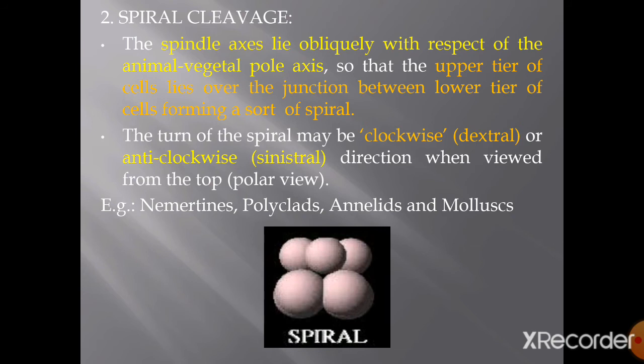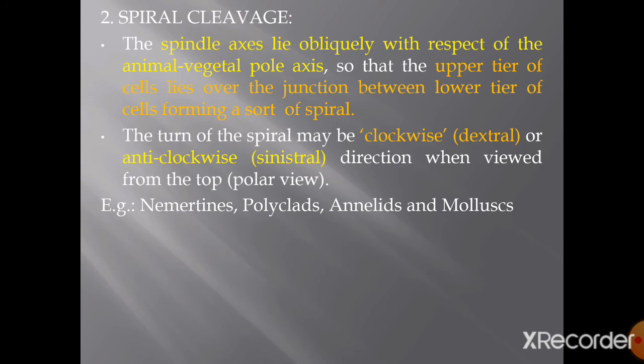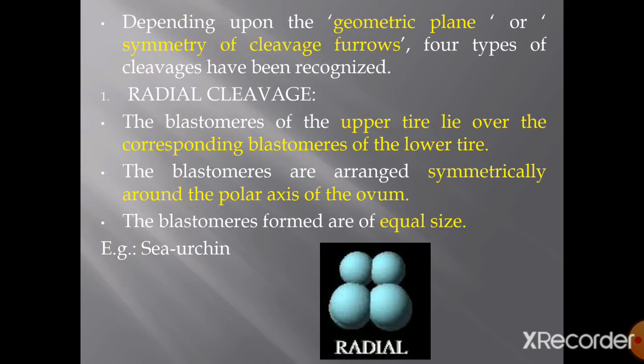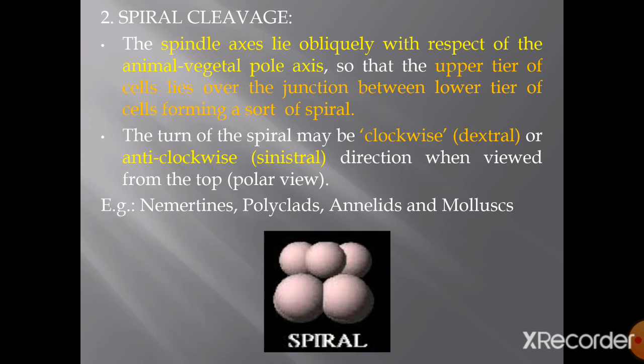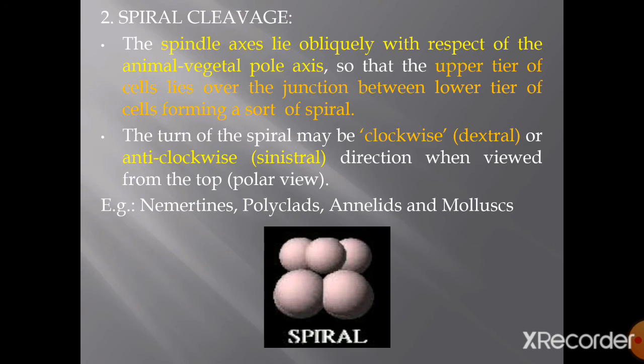Please note the difference between radial and spiral cleavage. In radial cleavage, the upper tier lies over the corresponding blastomeres of the lower tier, whereas in spiral cleavage, the upper tier of cells lies over the junction between the lower tier of cells, forming a sort of spiral.